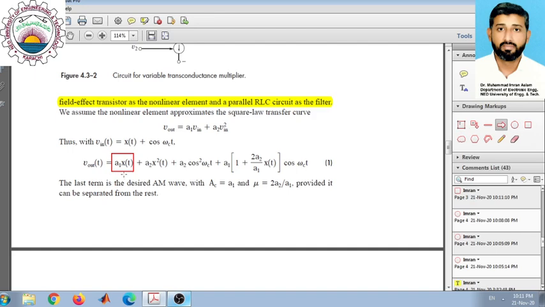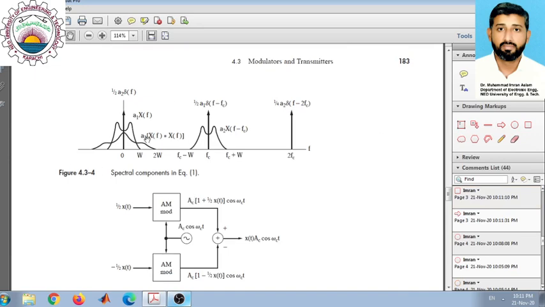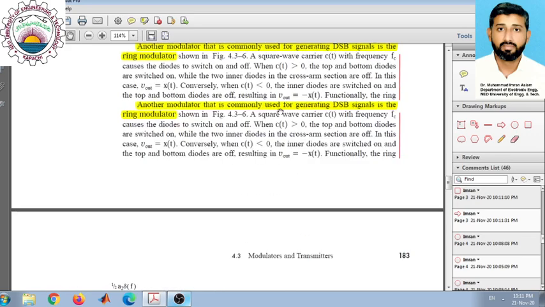So this term would have a spectrum exactly the same as that of the message signal. If I draw the spectrum here, you can see that this first term is A1XF. This curve is A1XF, which is representing the spectrum of the message signal. So first is this term.